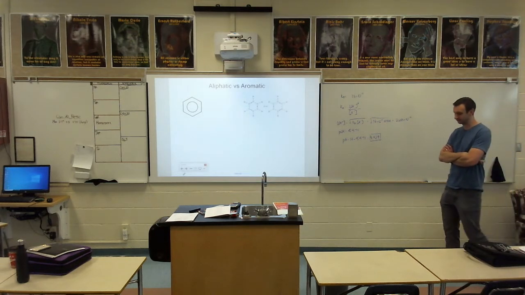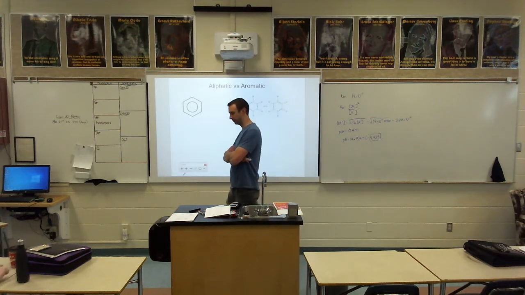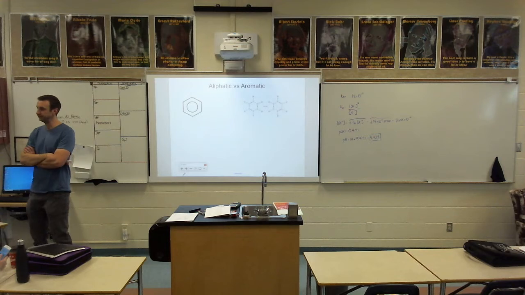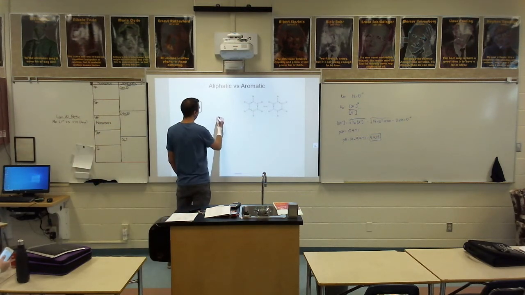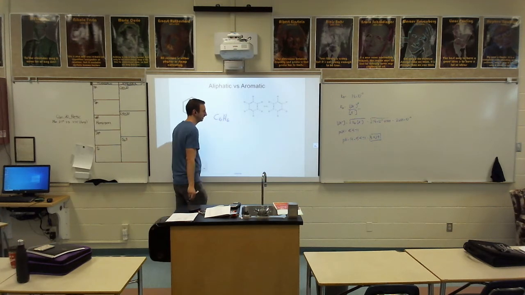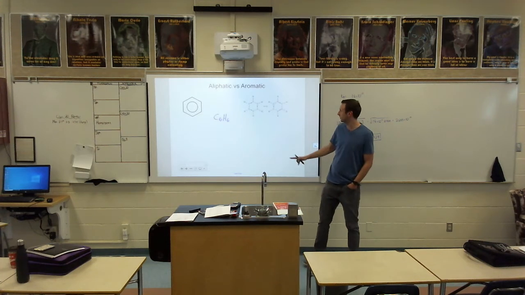Okay, aromatics. Important to realize that benzene is special. Benzene is the only aromatic you have to know about. Benzene is C6H6. The reason why it's special is because it has something called resonance. In other words, you can draw benzene in different ways in terms of where the double bonds are.